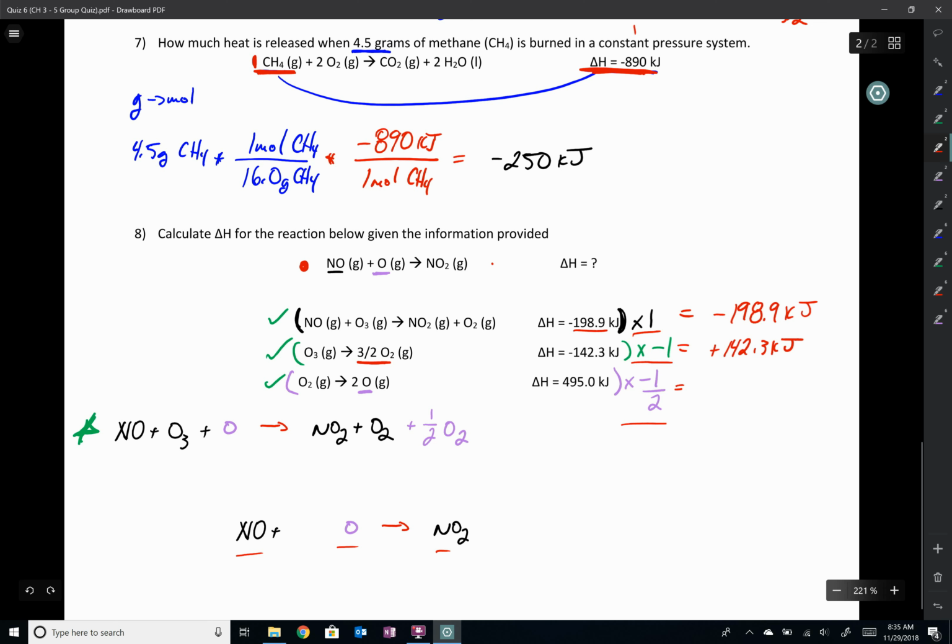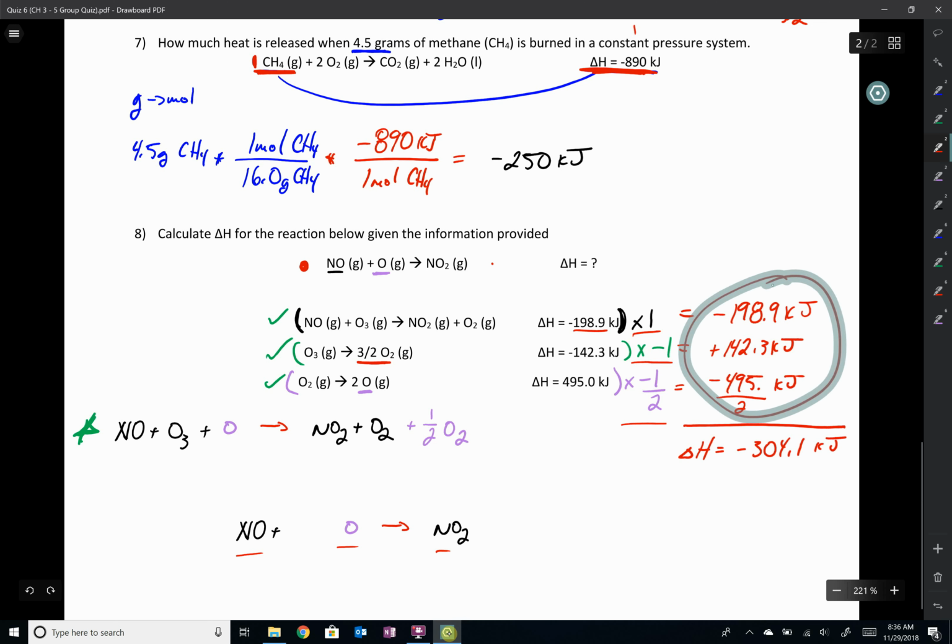Plus 495 times -1/2 becomes basically 495 divided by 2. And if we add all this together, I got delta H is equal to -304.1 kilojoules. So if we add all those numbers together, I got -304.